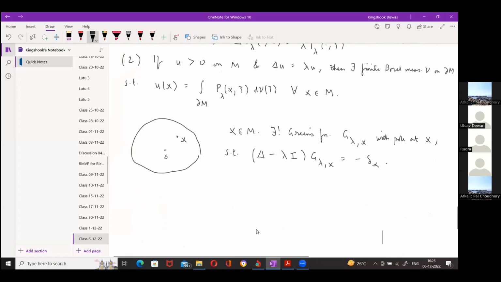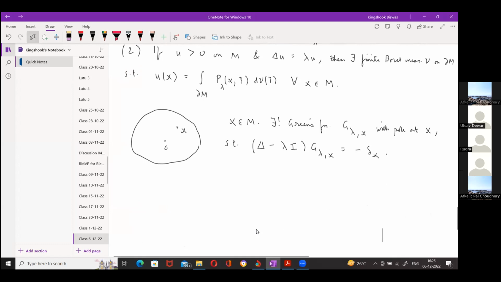It's an eigenfunction, right? So if lambda is 0, then this is the usual harmonic Green's function with pole at x. But this works for any lambda bigger than minus lambda 1. In fact, for this G lambda x you can give an explicit formula.